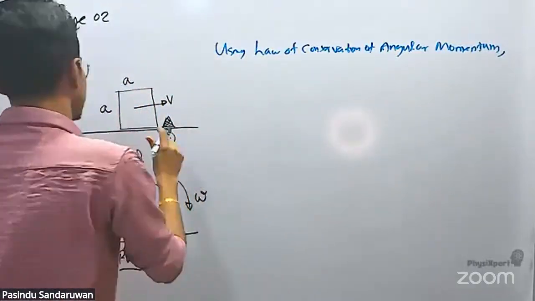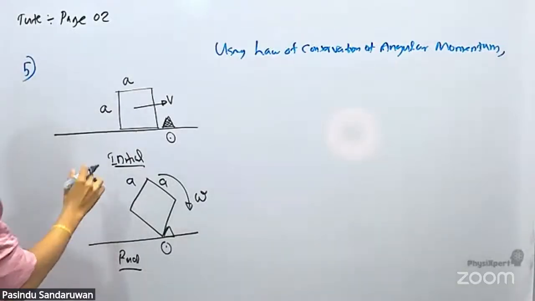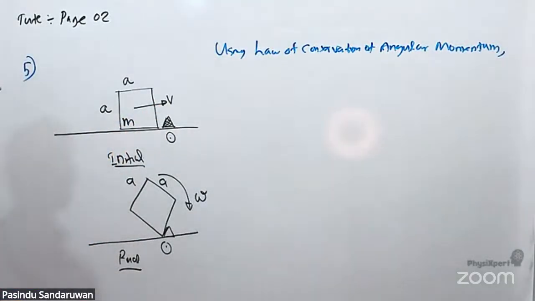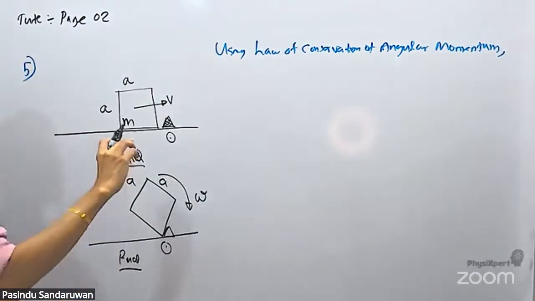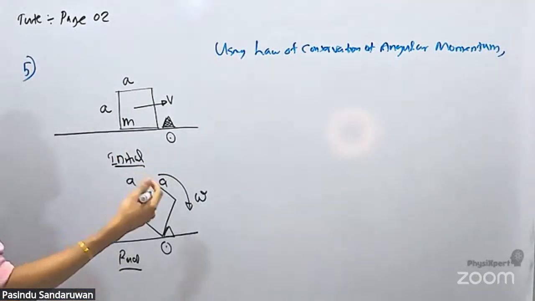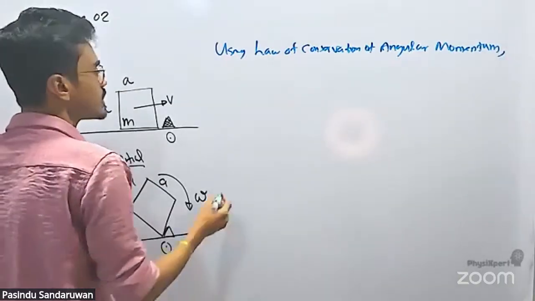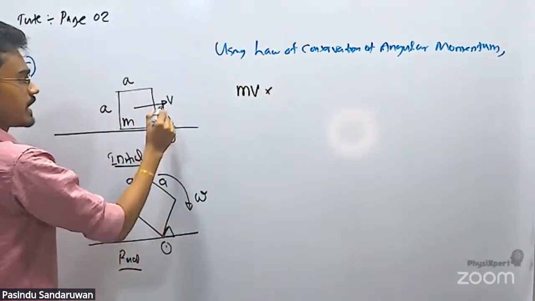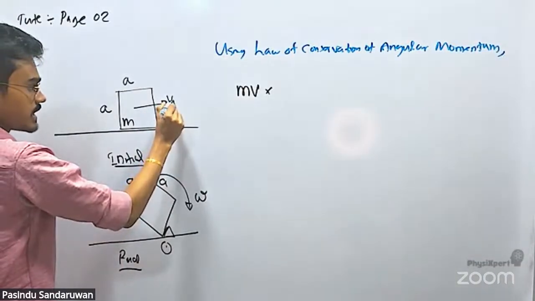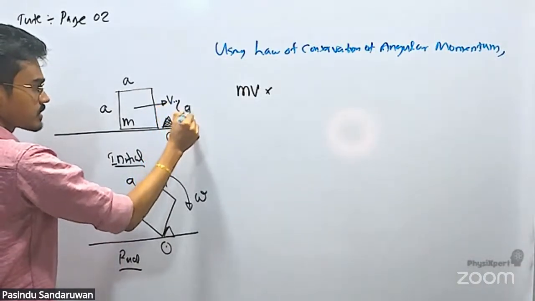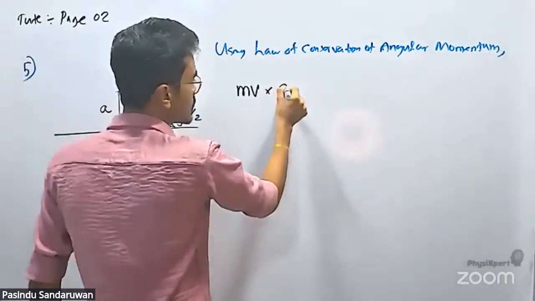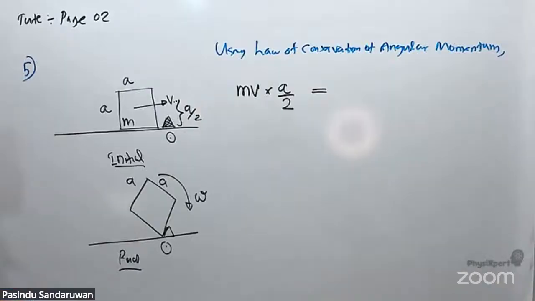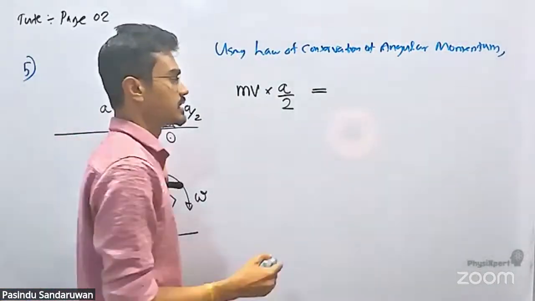Initially we don't know I omega, but mass and V, mv is known. Since mv is known, we can go ahead with moment of linear momentum, no? Then initially mv times, this moment is created by this height. That is a over 2 now. A over 2 equals. Finally, I is given.